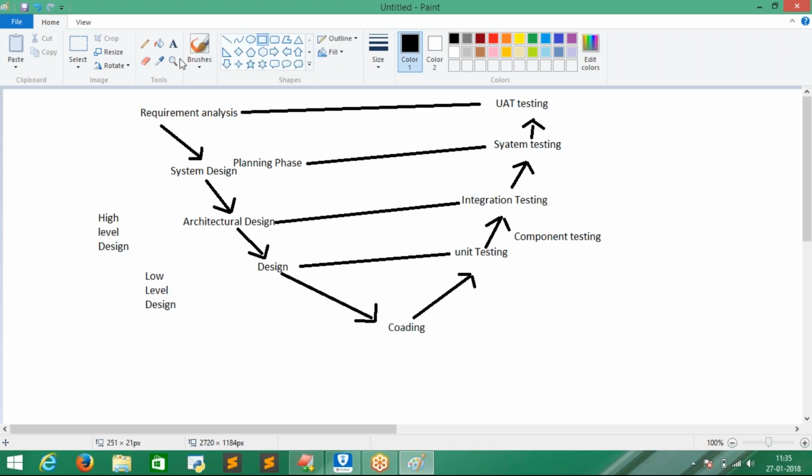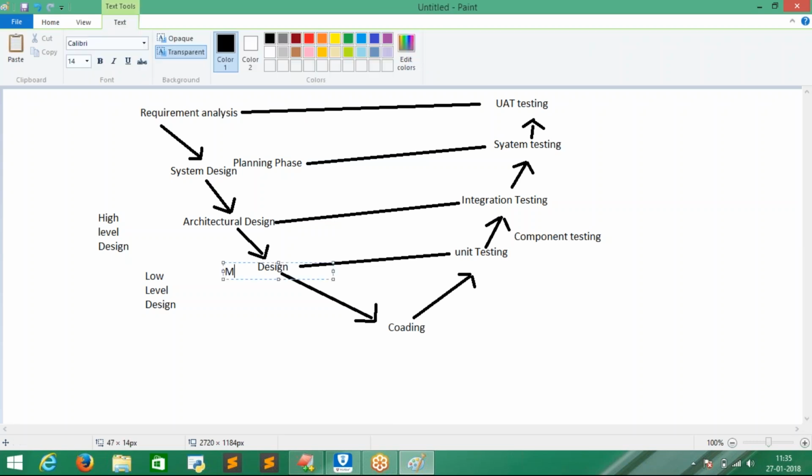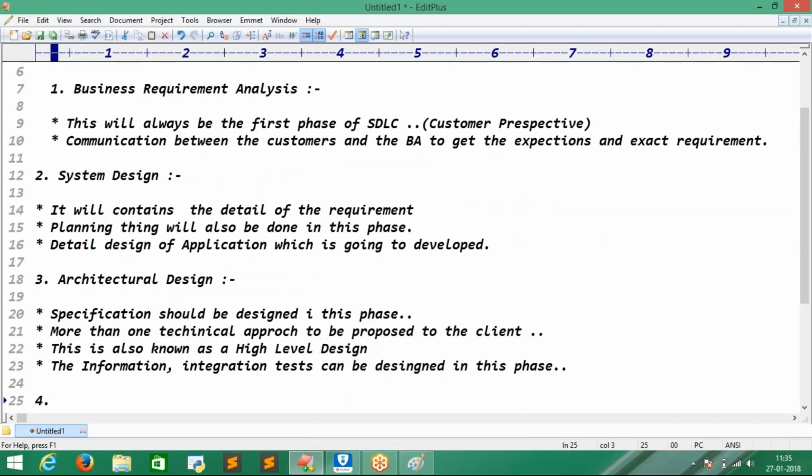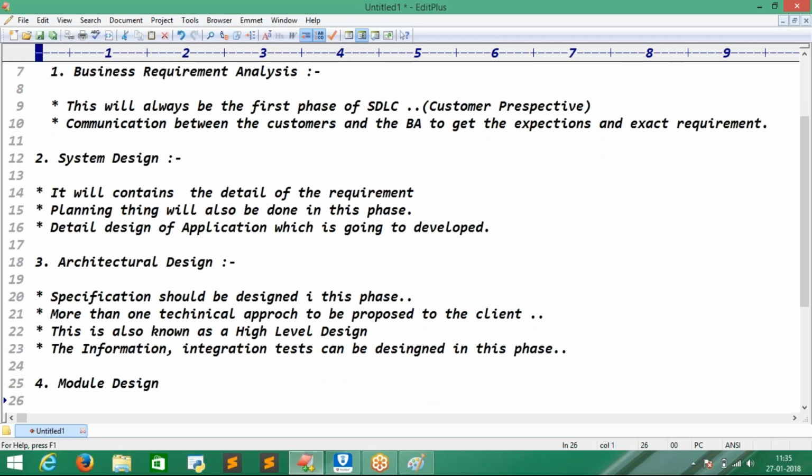Call it a module design, it will be good. Module design. The first thing about the module design is that it is also known as low level design.